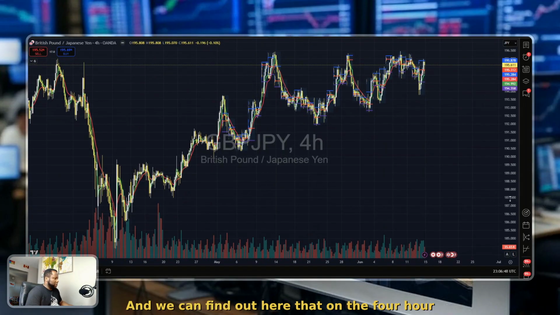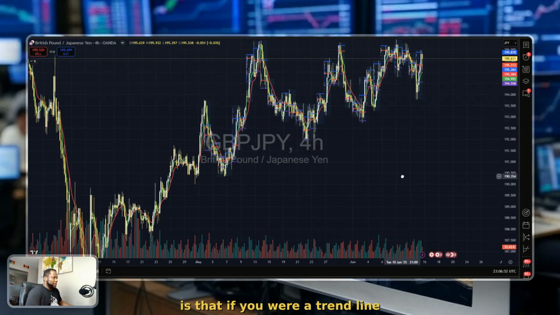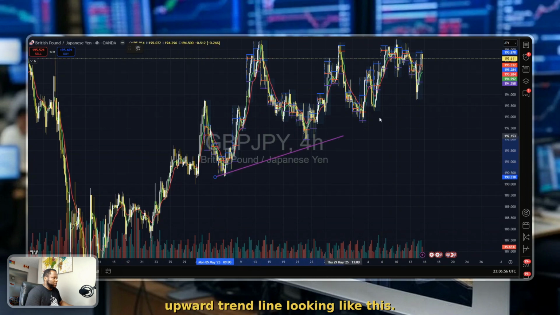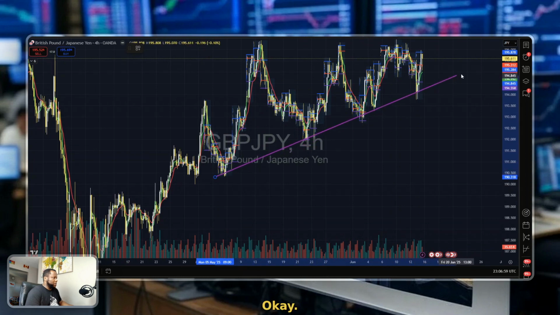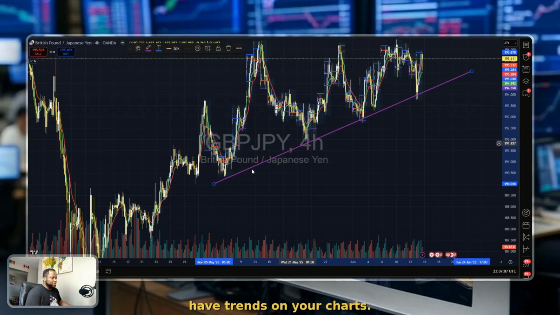Excuse me there. And we can find out here that on the 4 hour time frame on the GBP/JPY, if you were a trend line trader, you would have an upward trend line looking like this. Okay. I don't trade trend lines, all right? I don't. But I have realized that sometimes it's good to have trends on your charts.